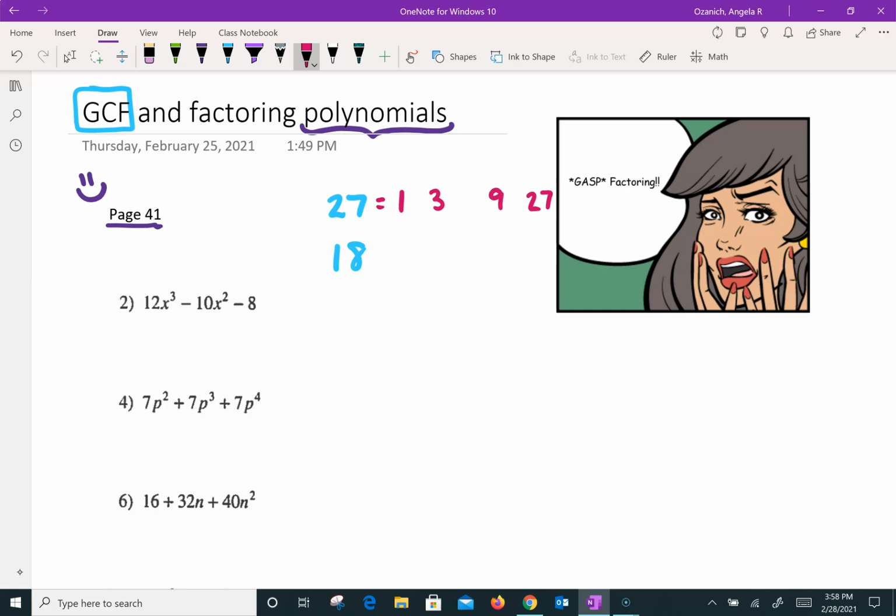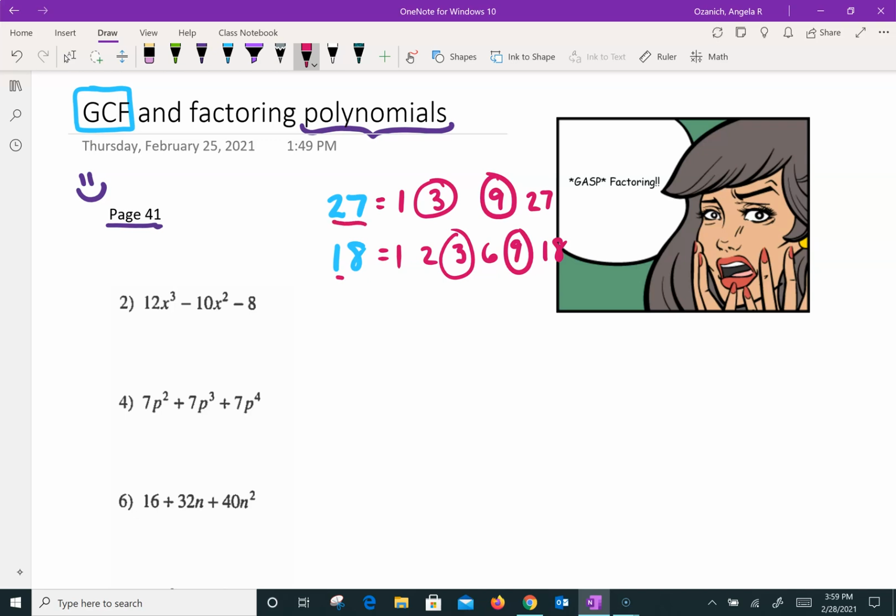I think those are the only factors of 27. For 18, 1 and 18, 2 and 9, 3 and 6. So what we don't want to do is say the greatest common factor is 3. It is a common factor, but it's not the greatest common factor. It's not the biggest number we could divide out. That would be 9.